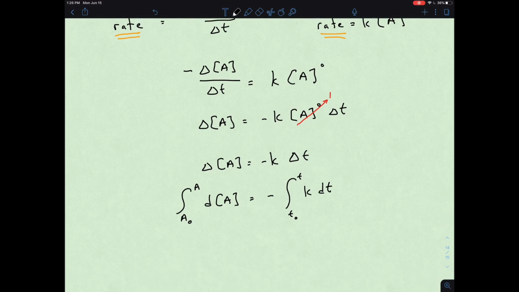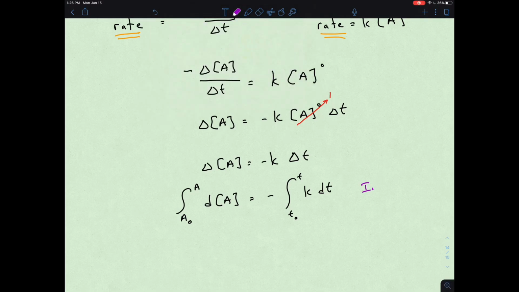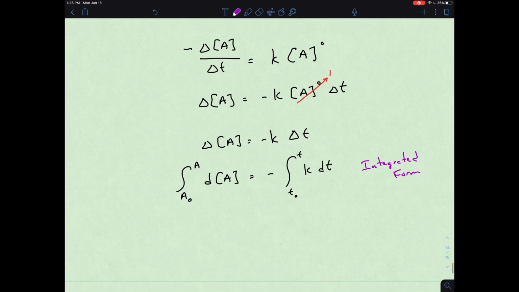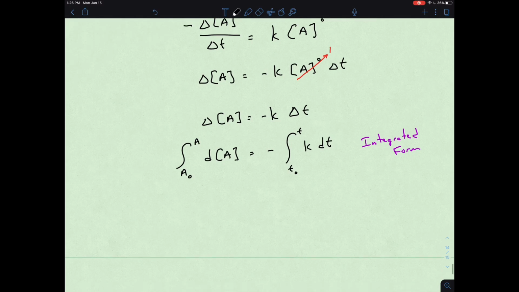So here is where we have our integrated form. Don't worry, I'm not worried about calculus or integration here. I'm just showing you how this equation is going to come to play. And so once we solve for that, using this integration motif, we get something that looks like this.